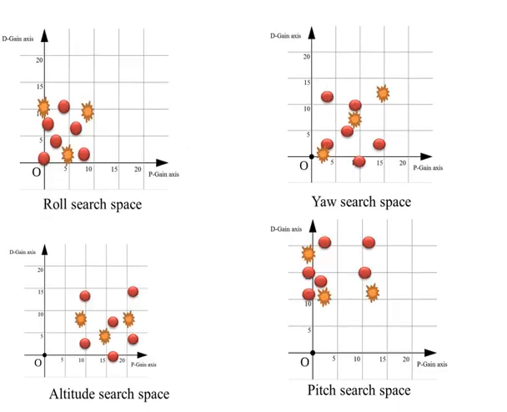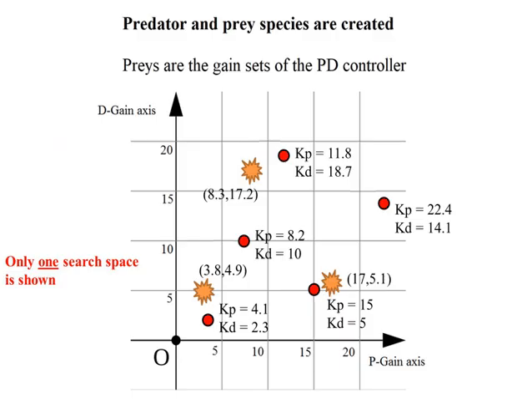Now, introducing a predator species fastens the search and allows to discover new regions. Gain sets, which are prey sets, and predator sets are created. Each set has a health and a maximum iteration life. Predator elements attack close gain sets and help exterminating weak gain sets quickly.